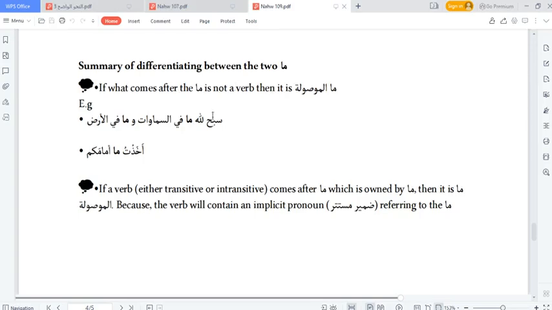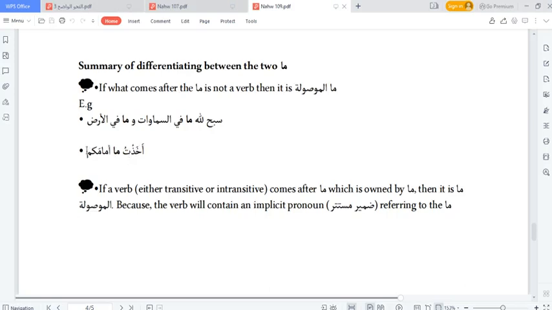It is ma mausula. Example: sabbaha lillahi ma fis samawat. What's coming after? Jar wa majrur. Wa ma fil ard, jar wa majrur. Then definitely it is ma mausula. Don't even try to find anything else.